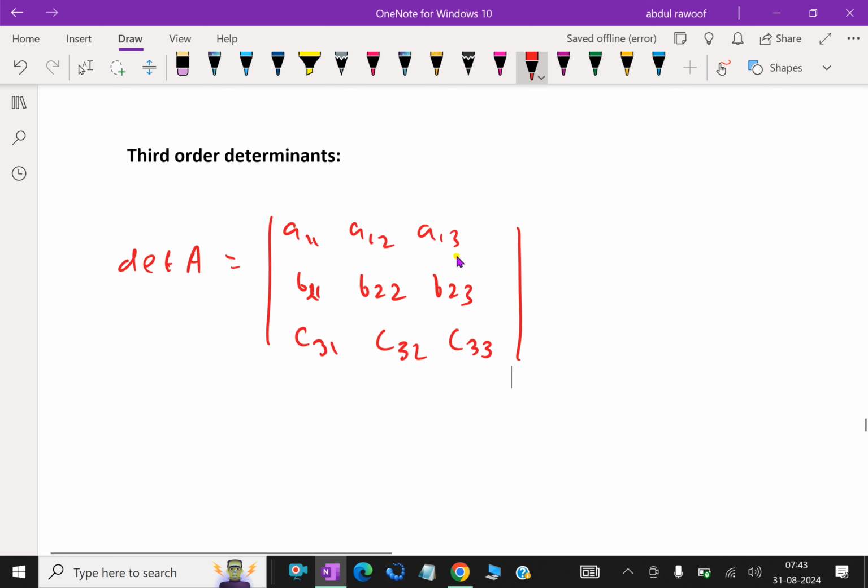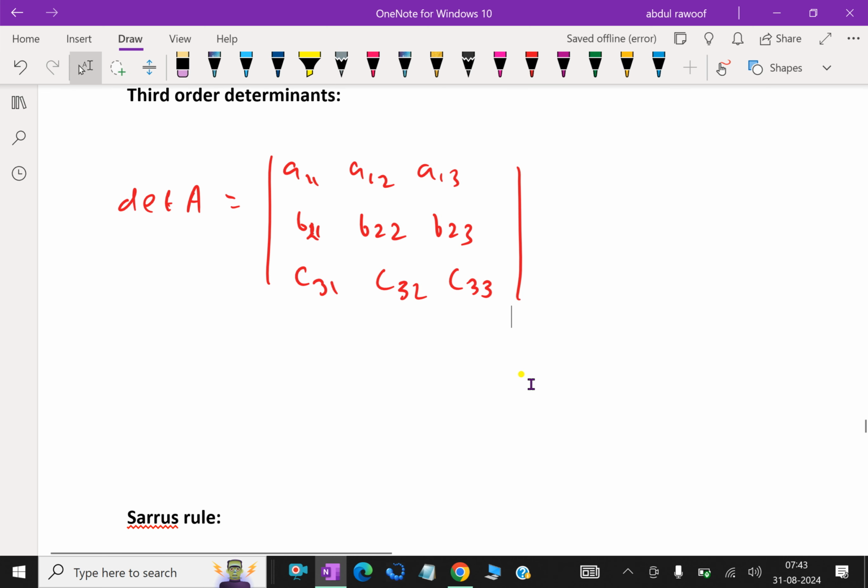Simply you can write A1, A2, A3, B1, B2, B3 also. Here, look at how to find this determinant.